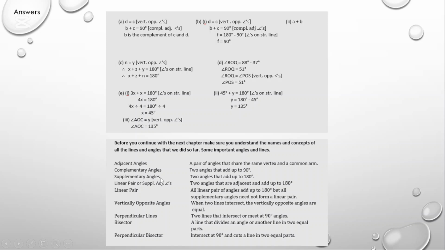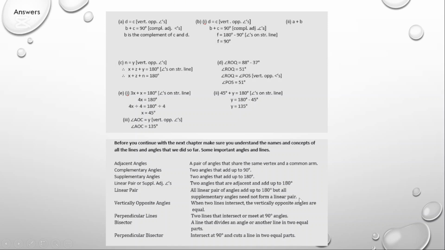Supplementary angles add up to 180 degrees. Linear pair, or supplementary adjacent angles: two angles that are adjacent and add up to 180 degrees.